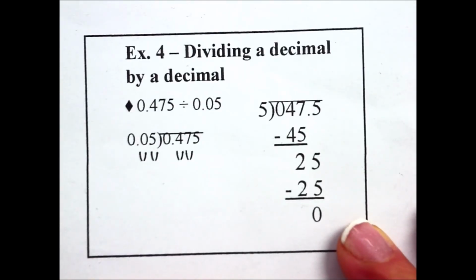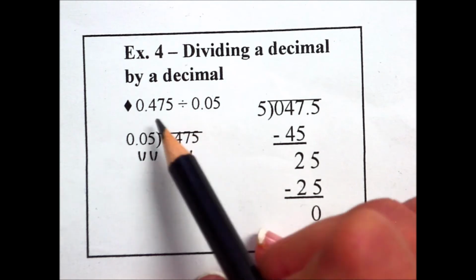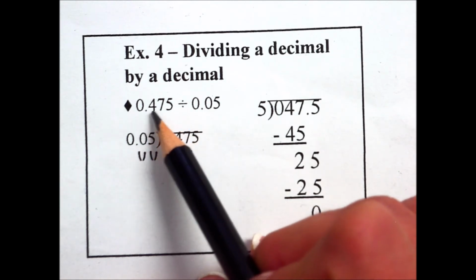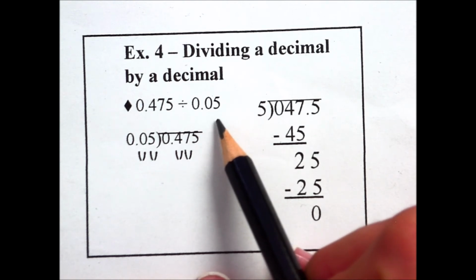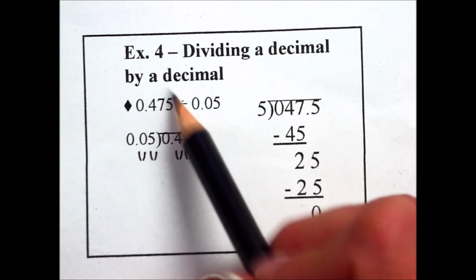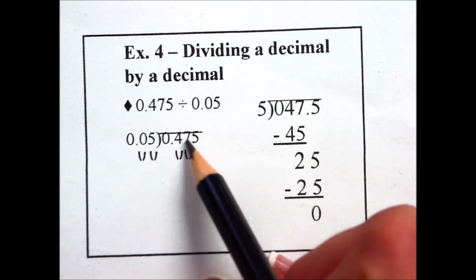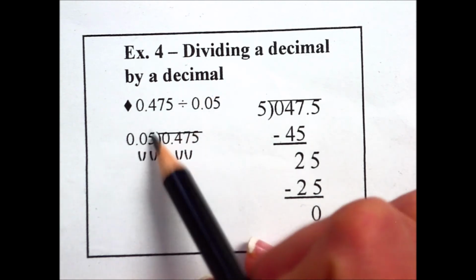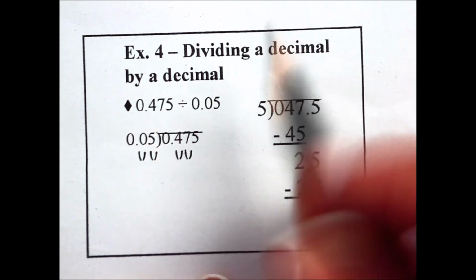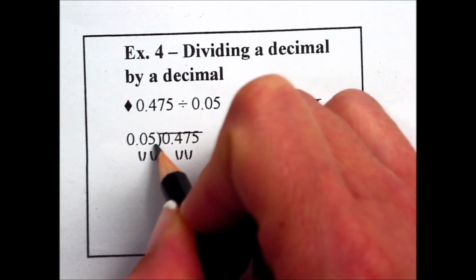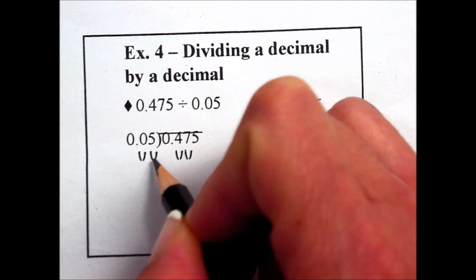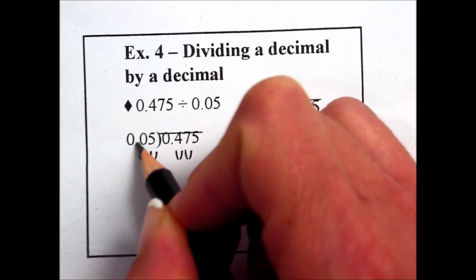All right, let's look at dividing a decimal by a decimal. In this problem, I have 475 thousandths divided by 500ths. All right, so in this problem, this number will go in the house, and the second number goes here. It's knocking on the door. First of all, we will need to move our decimal. Technically, what's happening is we're multiplying by 100.